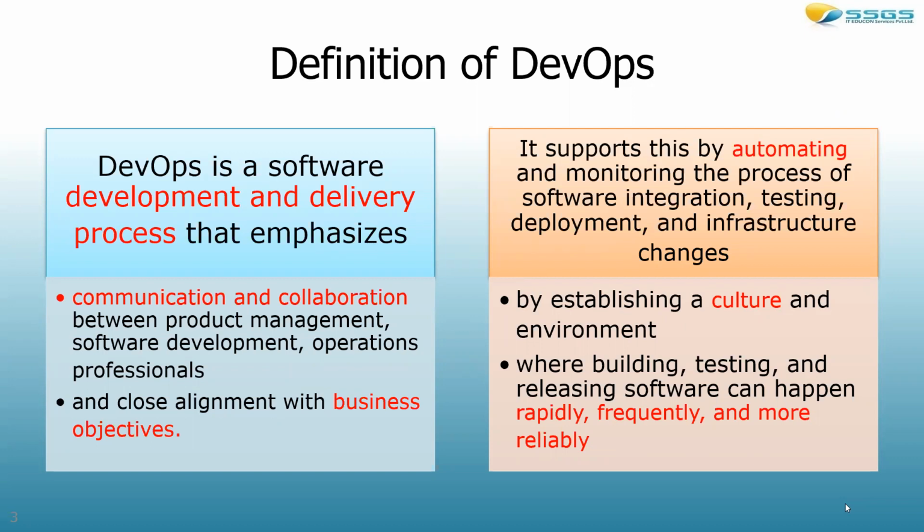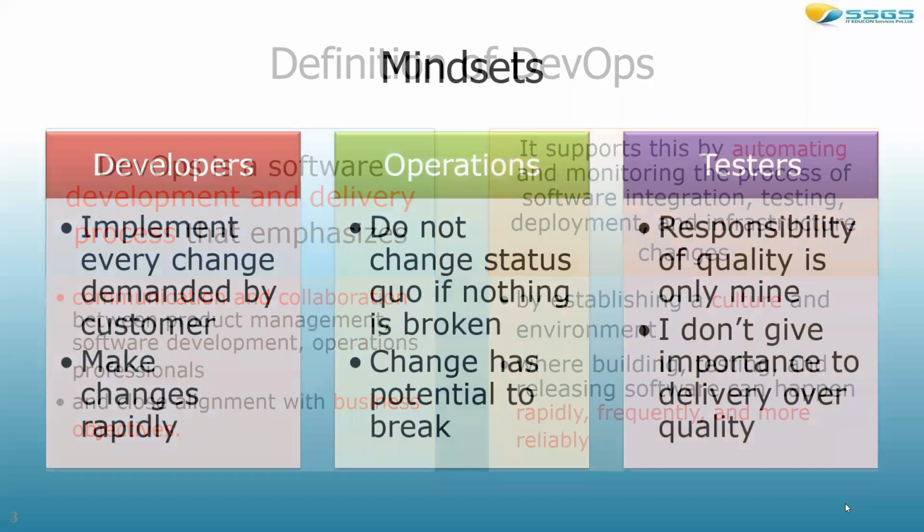So that's a formal definition of DevOps, which you can find on Wikipedia or somewhere. I don't want you to go and read it, because you have to understand what DevOps is rather than mugging up the definition of DevOps.